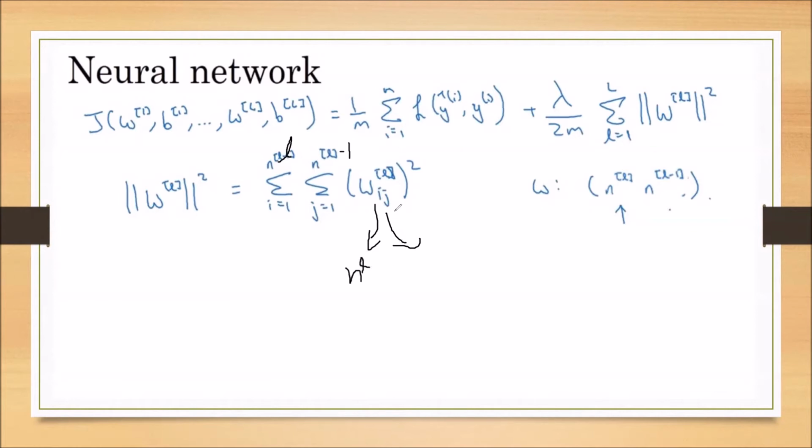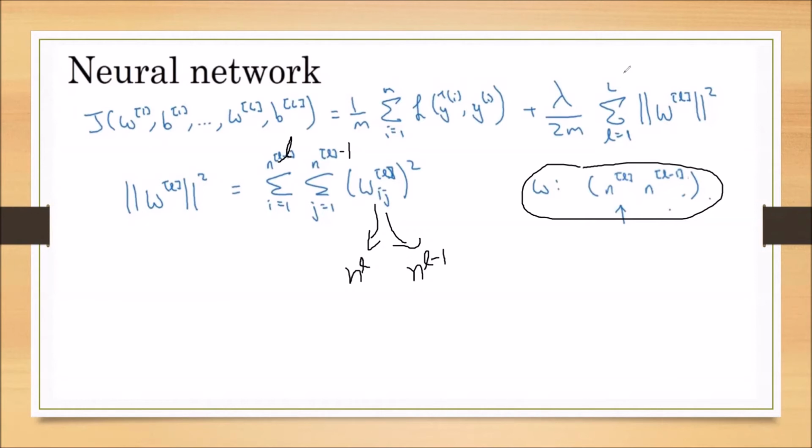And how many columns are there? That depends upon the number of activation units in the L-1 layer. So W has the matrix size nL by nL-1, with rows as the number of activation units in the Lth layer, and columns as the number of activation units in the L-1th layer.